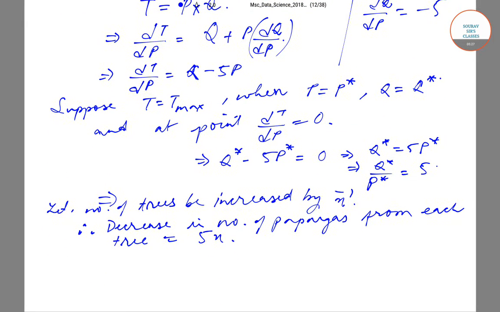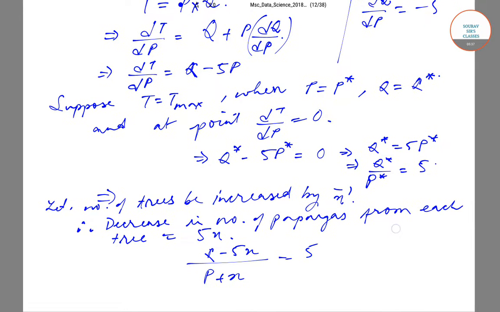Okay, so therefore if P star here is P plus x, Q star will be Q minus 5x, and this will be equal to 5.